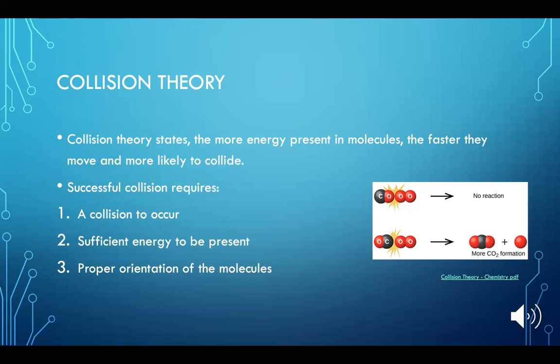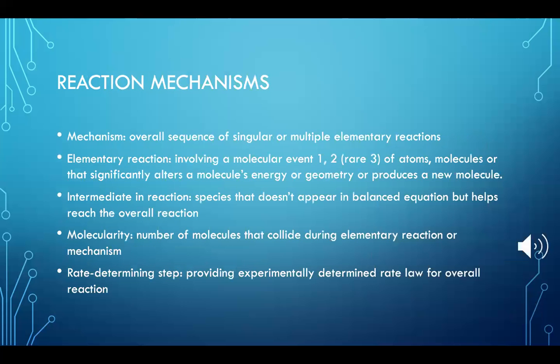The rate of reaction is influenced by one or a few of the following: frequency of collision, effective collision regarding sufficient energy presence, or effective collision regarding proper orientation of the molecules. A reaction mechanism describes the rate of change in concentration of reactants and products over time.